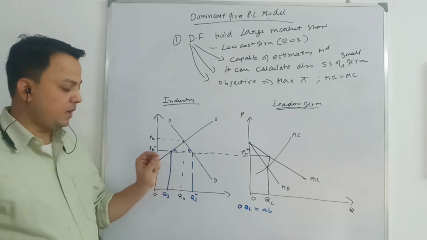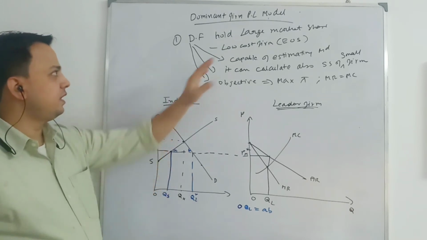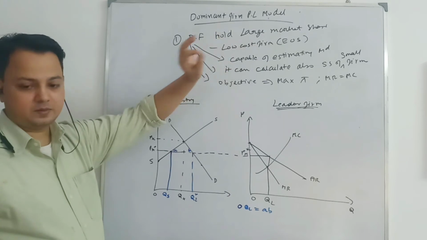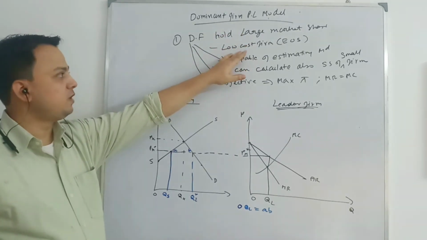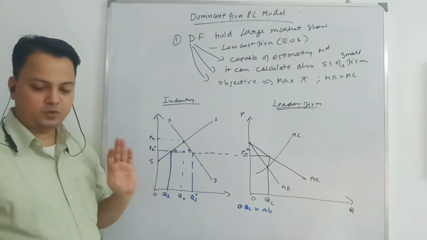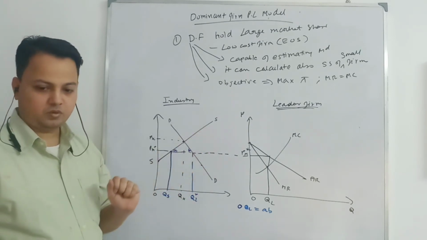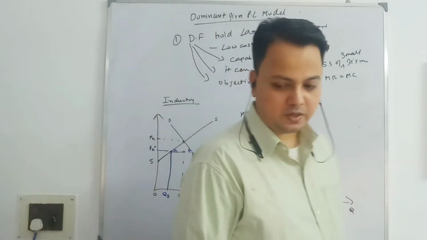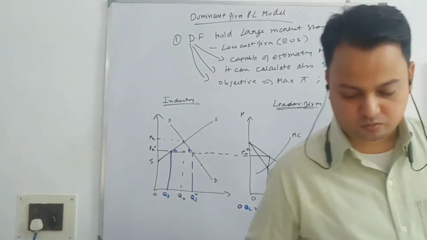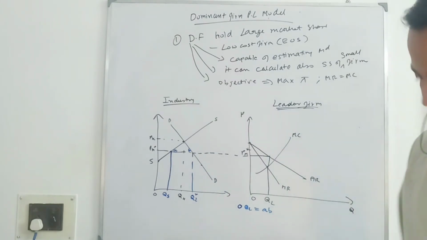But implicitly, this dominant firm, apart from being a large market shareholder, must be a low-cost firm. It must have economies of scale. Then only will other firms follow. So keep this in mind. I will do one numerical after this, then it will clear any doubt you may have.